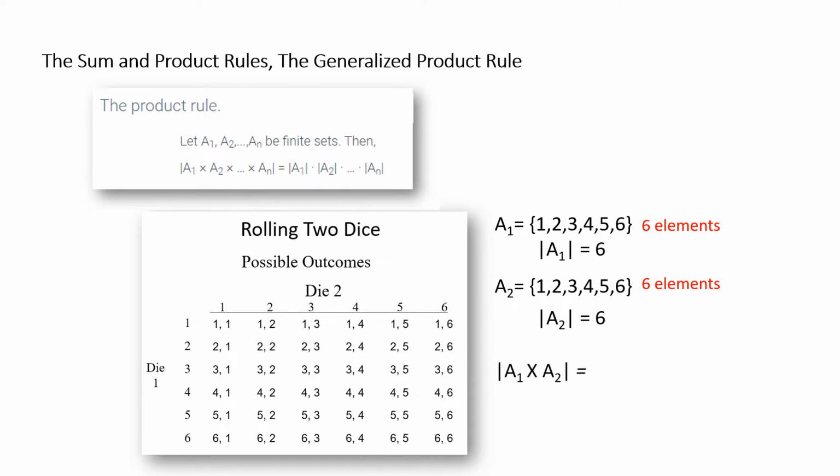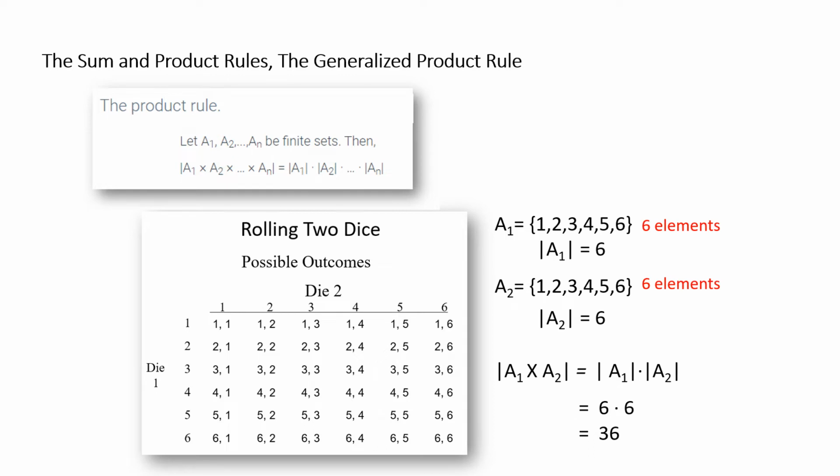So let's check. The cross product of a sub 1 and a sub 2, the product rule says it should equal the product of the 2 magnitudes of the 2 sets, and that would give us 6 times 6, which is 36.